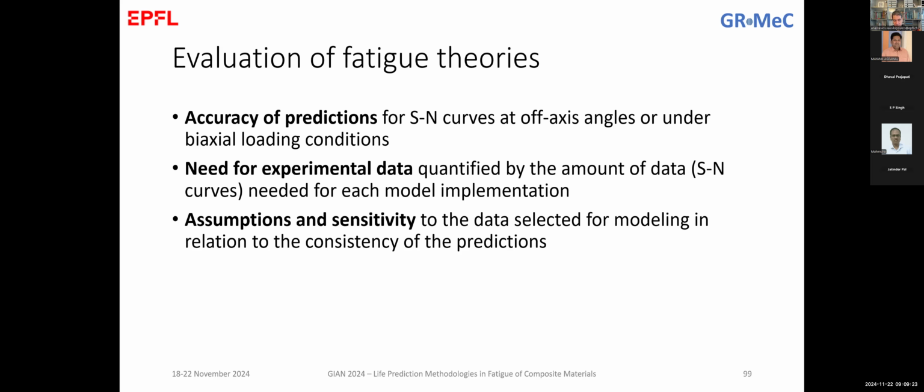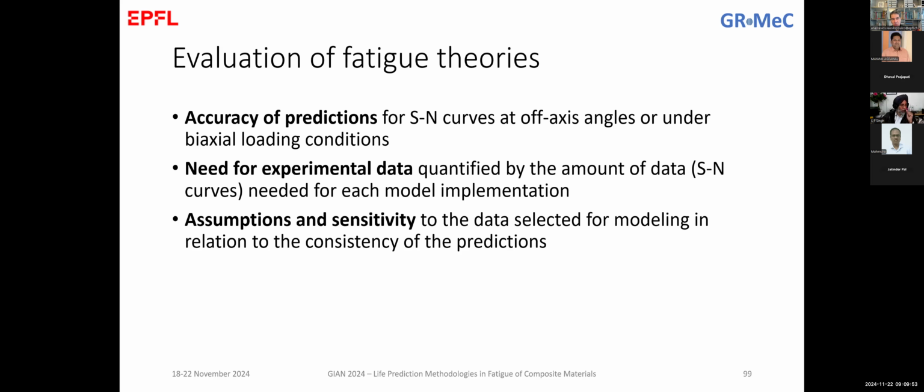The same happens with the assumptions of the Fayaz and Elin criterion, which assumes that the material performance in fatigue follows the same degradation, the same rate, the same trend as the performance of the material in static loading, which again is more or less safe to assume for unidirectional composites.